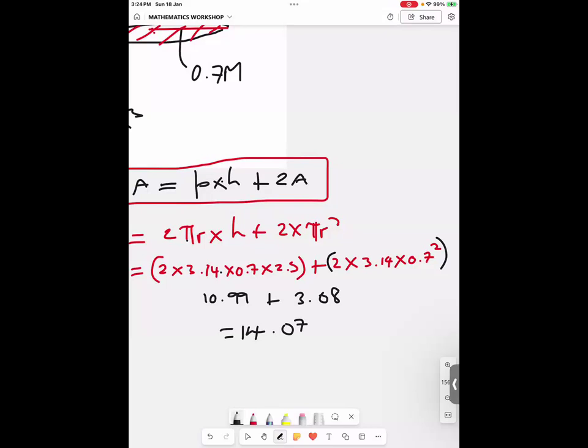All right, and when you add those together, confirm if you got 14.07. I'm getting 14.07, 10.99 plus 3.08.